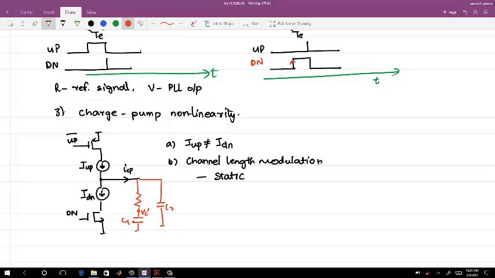The problem comes with the transient. When the voltage changes, as soon as you dump a charge, there will be a change in the voltage on this node. So how does the transistor respond to transient changes? Channel length modulation affects it there. What is another one?